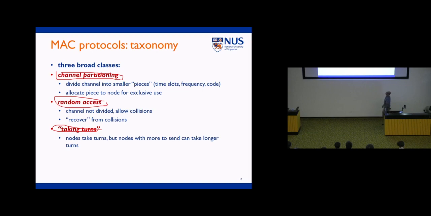And here it's a bit of a free-for-all. You transmit whenever you want to transmit. Maybe there are some rules, but more or less you can transmit whenever you want to transmit. But if I let anybody transmit whenever they want to transmit, there will be collisions. Cannot avoid. So we will have to deal with collisions in that case. Okay, we'll see how we do that.